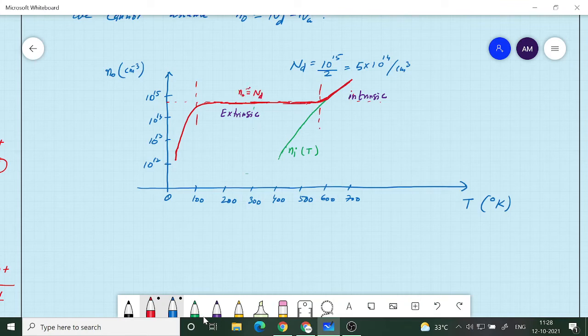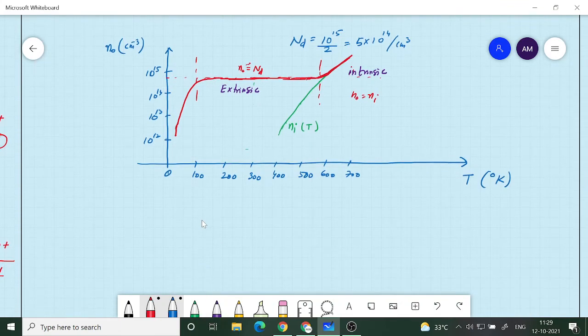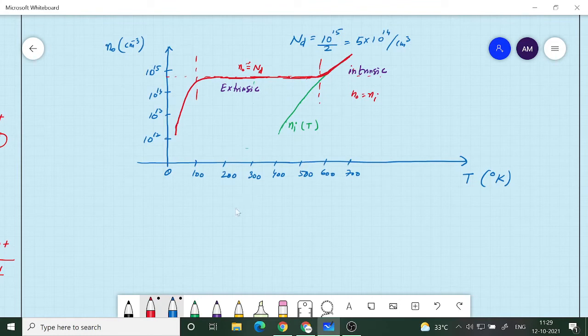Outside this, N0 is equal to Ni. And at very, very low temperature, N0 is neither equal to Nd nor equal to Ni; it is much lesser than Nd. So these are the various regions of operation of an N-type semiconductor.